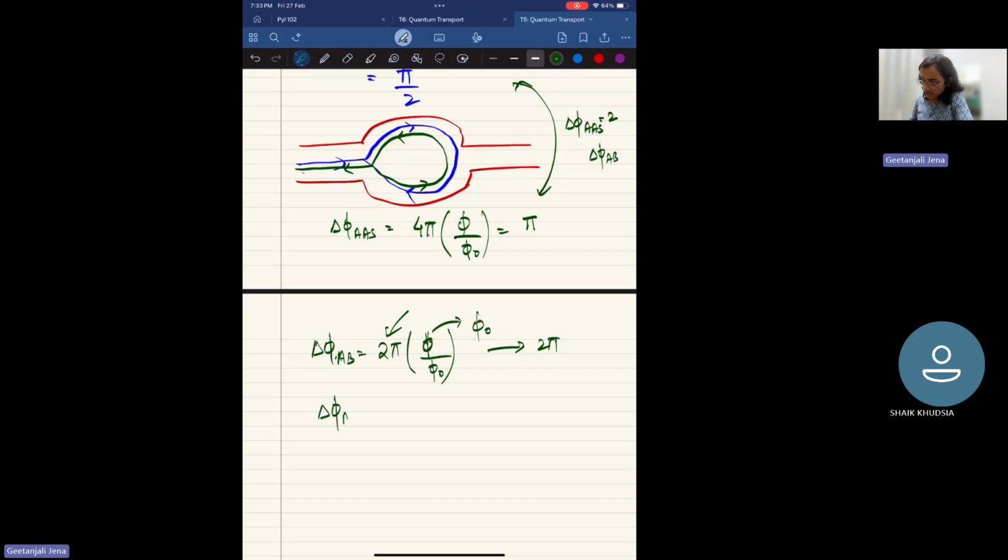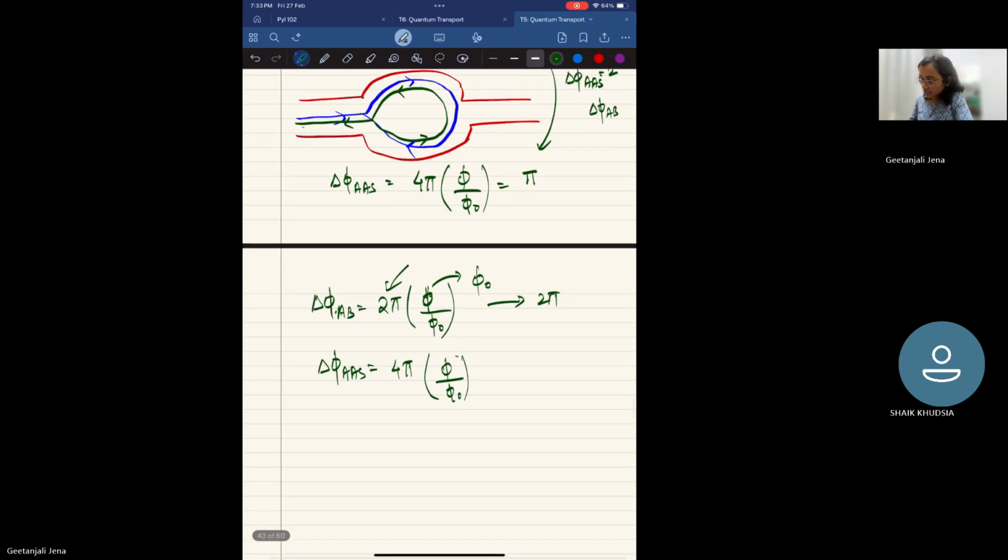For AAS, it is 4 pi phi by phi 0. So if phi is phi 0 by 2, then this phase shift will become 2 pi, and the relation will repeat. So the minimum phase shift required to get the periodicity is 2 pi, right? For the AB phase, 2 pi is already there.